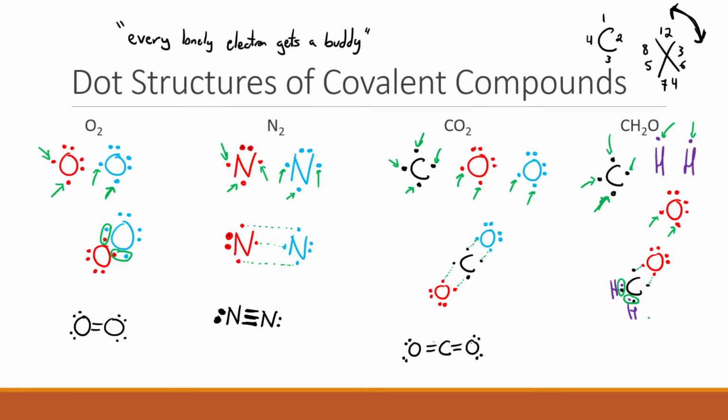When I clean up this picture, I am going to end with something that looks like a Y. All right, with the oxygen double bonded to the carbon, keeping its unpaired electrons there, unbonded electrons. And then we want to try to keep the shape as much as possible.